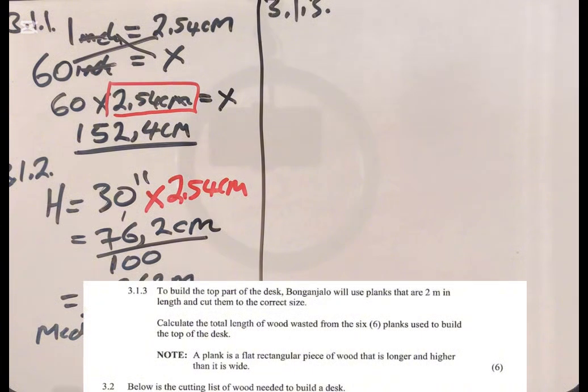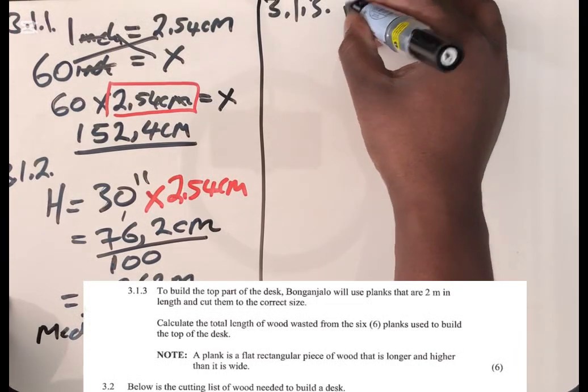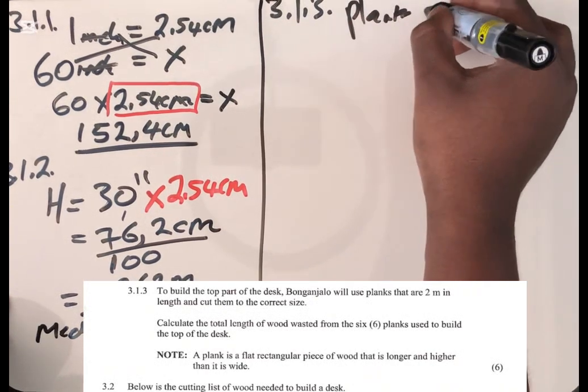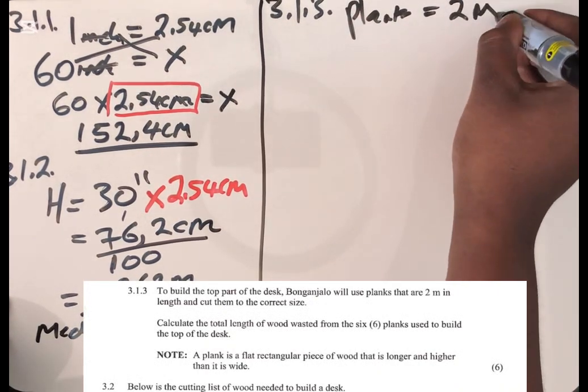This one is very simple. We're just going to calculate the difference between the 2 meters that they are looking for and the length that we have here. We must convert the length to meters because we're given 2 meters here. Don't forget, the plank is equal to 2 meters.